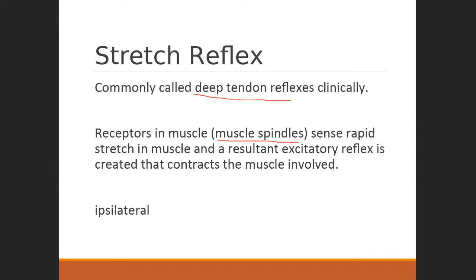A muscle spindle is responsible for detecting stretch, but not just any stretch. It's most sensitive to rapid stretch, real quick stretch. It's also going to be protective for the muscle because quick stretch tends to be more risky for a muscle, causing more tearing.